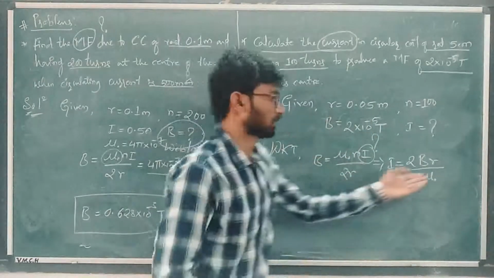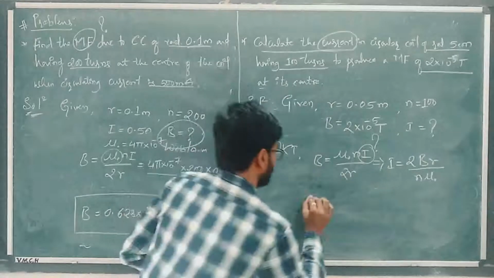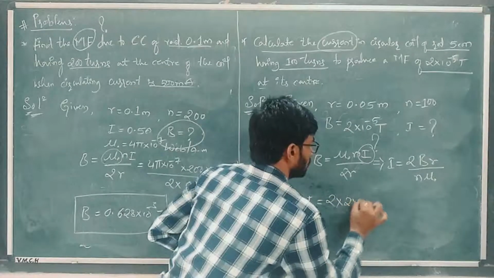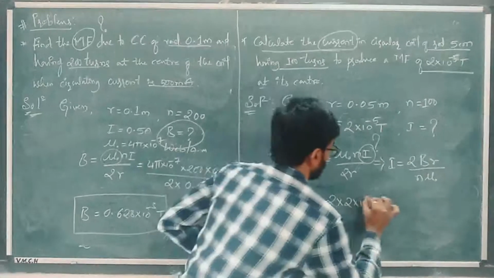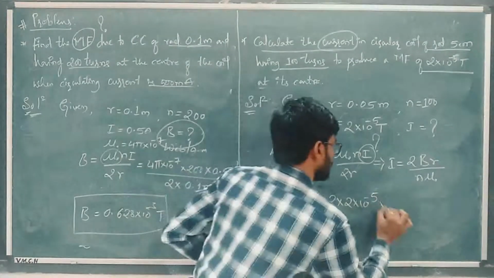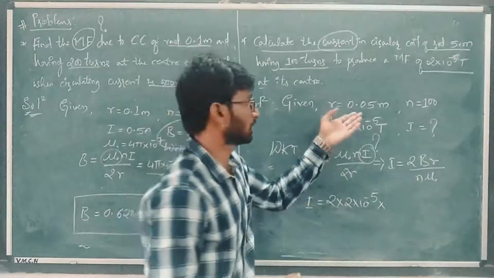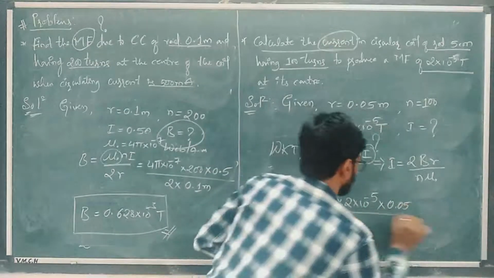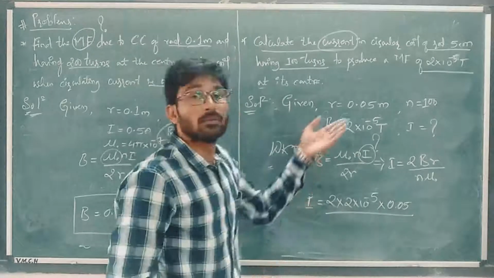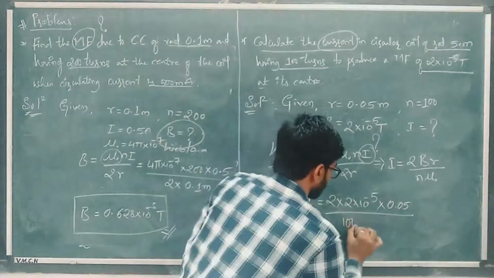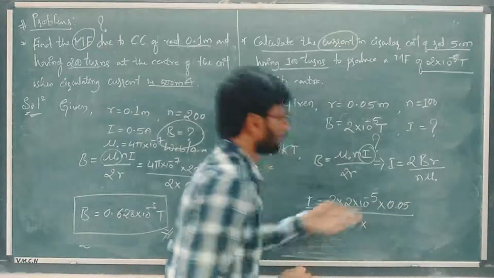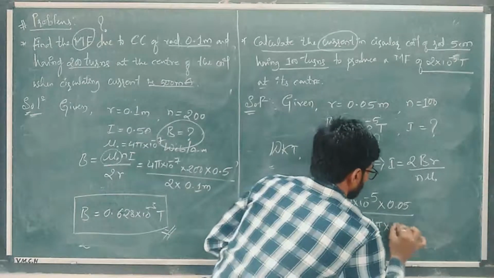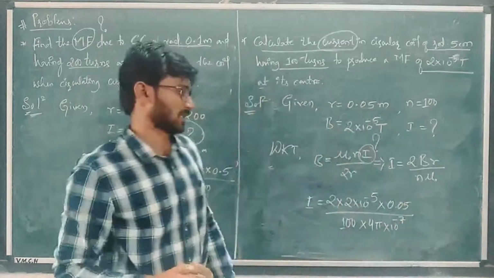Substituting all the values: I is equal to 2 into the magnetic field 2 into 10 to the power minus 5, into the radius 0.05, whole divided by the number of turns 100, and mu naught, which is 4 pi into 10 to the power minus 7.